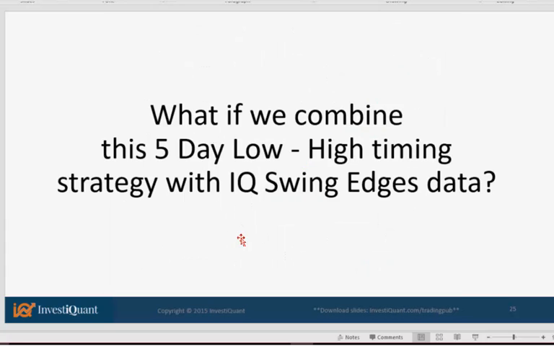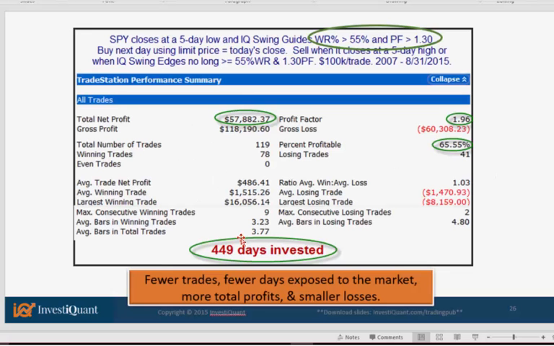So what if we combine this 5-day low-high timing strategy with the IQ swing edges data? On its own, it's pretty good. Let's see if we can improve it. You remember I showed you where we have the metrics for win rate and profit factor. Well, I took the same strategy and said, let's say it closed at a 5-day low and we have a win rate of at least 55% and a profit factor of at least 1.3 for SPY.